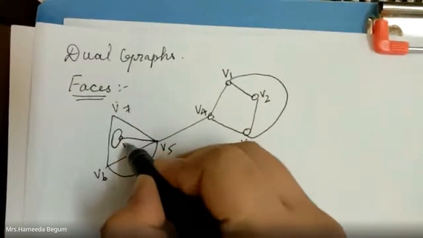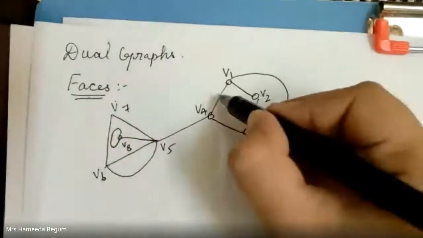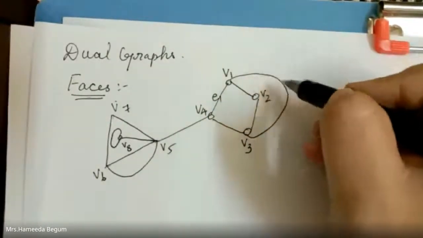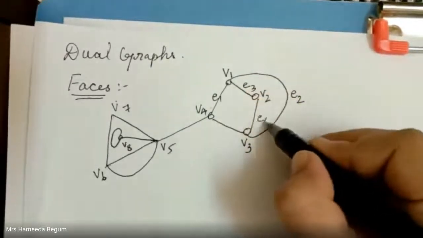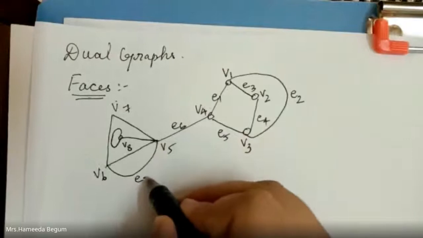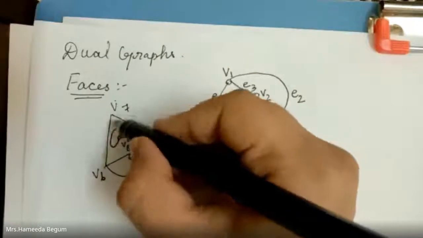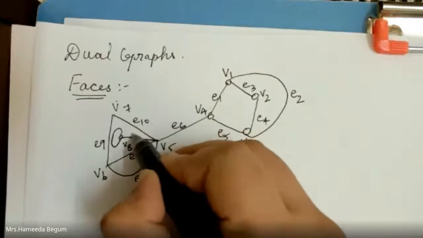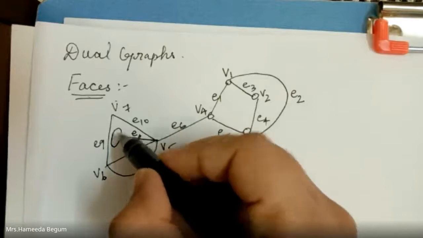And inside we have a vertex which is V8. So these are the vertices and we shall name the edges. This is E1, and then this edge is E2, this is E3, E4, E5, and then this becomes E6, E7, and then this edge let us name as E8, this is E9, and then we have an edge here, E10, this edge is E11, and then this is also an edge, we can take it as E12.